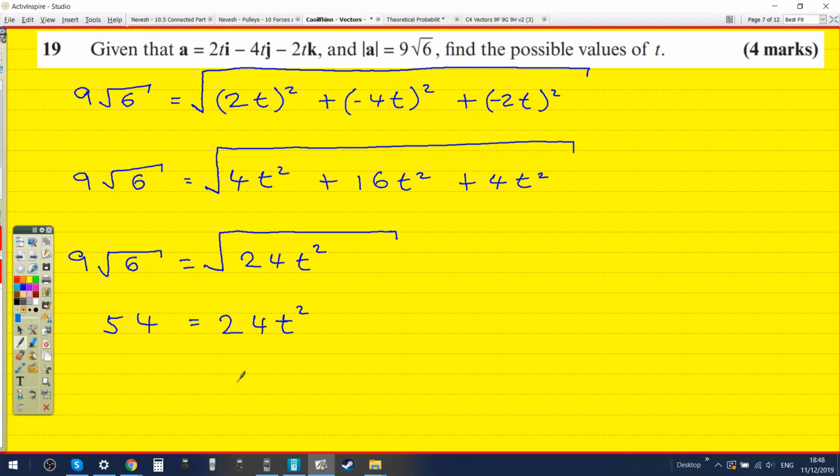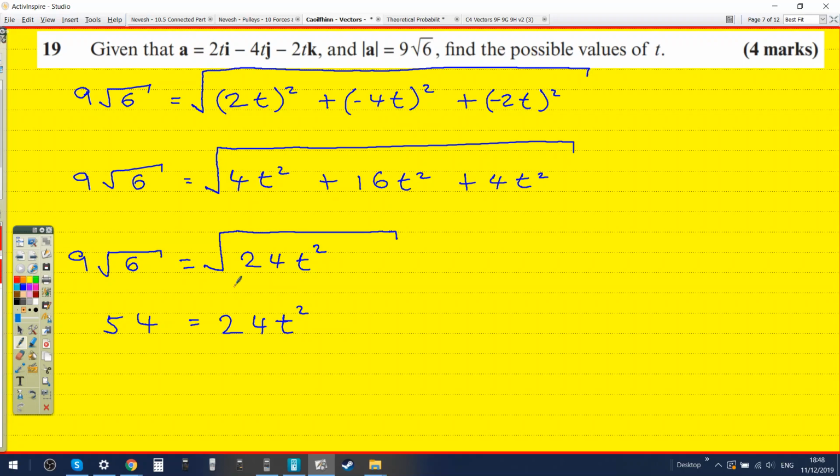Okay. So plus or minus 3 root 6 equals 24t. Slow down.